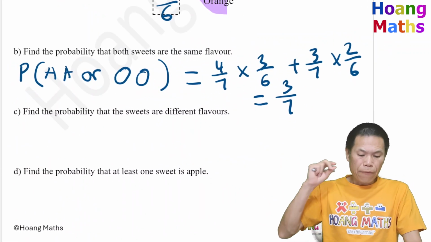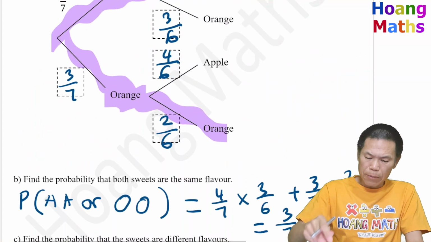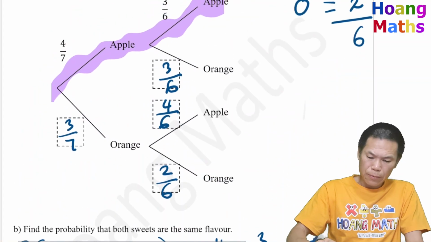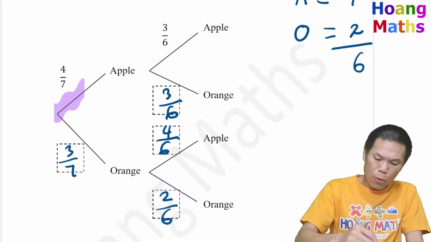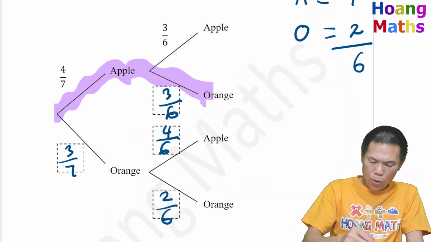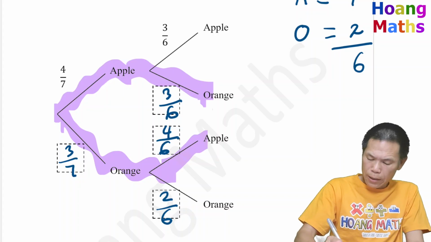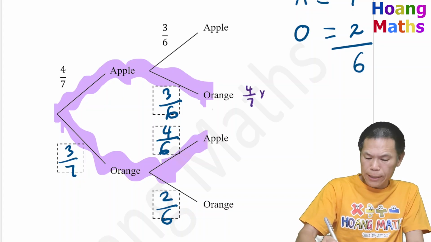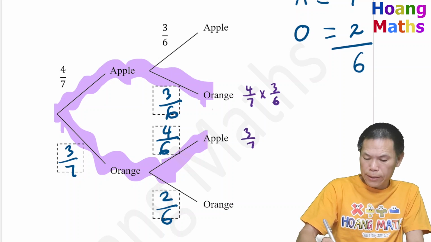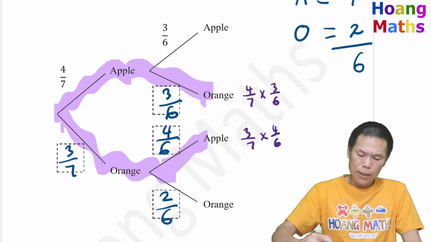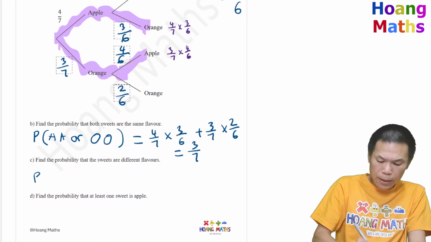Part C. Find the probability that the sweets are different flavors. So that means we have this one here: apple, orange, or orange, apple. Okay, we need these 2. So that is 4/7 times 3/6. And then we add 3/7 times 4/6. So let me just write this down here. So probability equals.